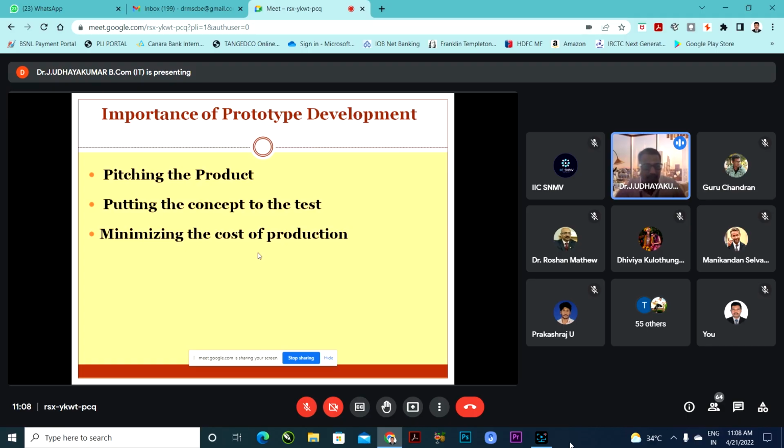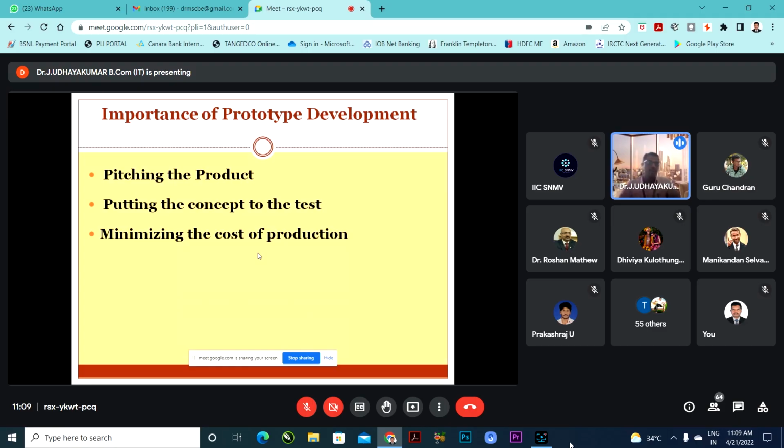The third one is minimizing the cost of production. By prototyping, we can minimize the cost to some extent. This might seem wrong, since the prototype also consumes some of the capital meant for production, and without capital it is not possible to build a product.